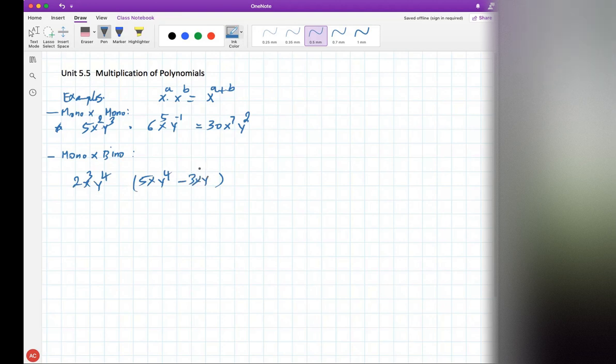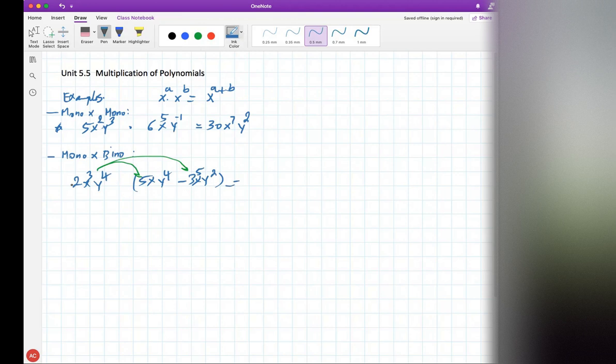Okay, so this is basically the distributive property we talked about. So we need to do two multiplications here. First we multiply these two, and then the other two. So we distribute it. Let's multiply these right away.